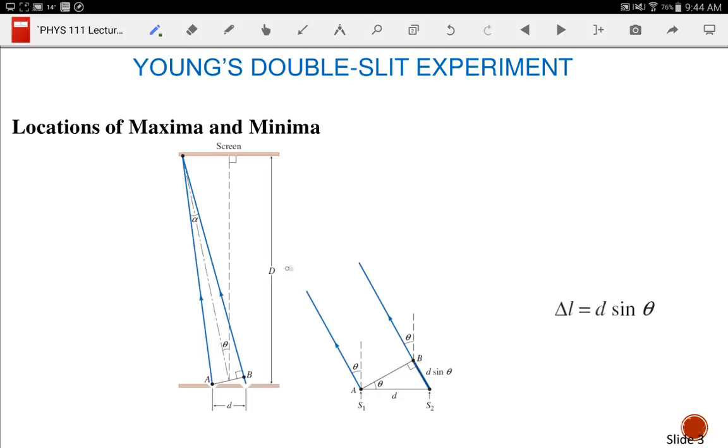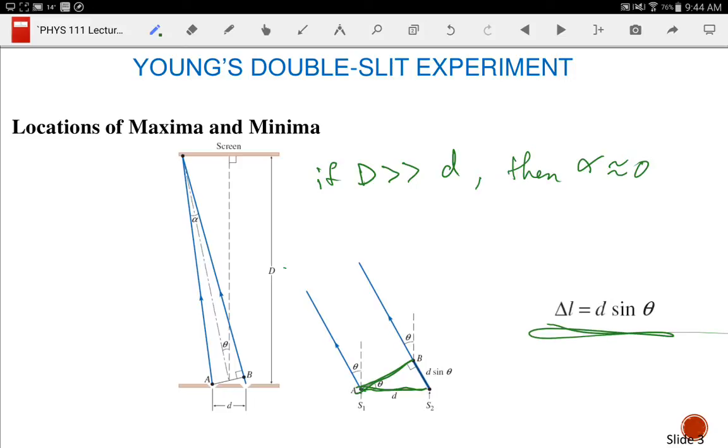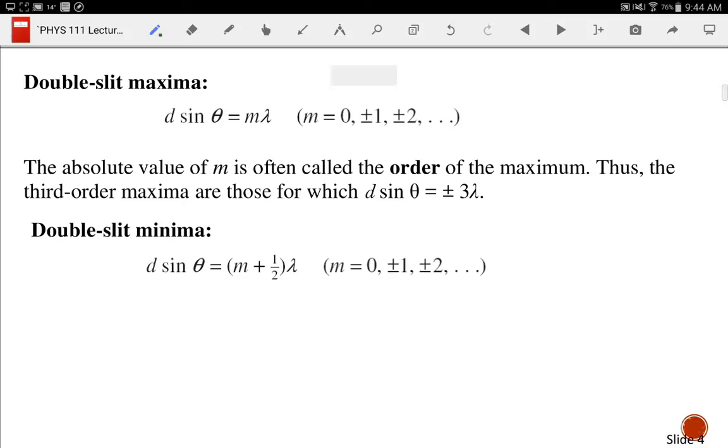If this capital D is much, much greater than lowercase d, then the apex angle alpha is approximately 0. It's very, very small, which makes the other two angles add up to 180 degrees. And we square it off. We find the difference just by looking at this triangle right here. The opposite side is the hypotenuse times sine of the angle theta. That's where the delta L equation came from.